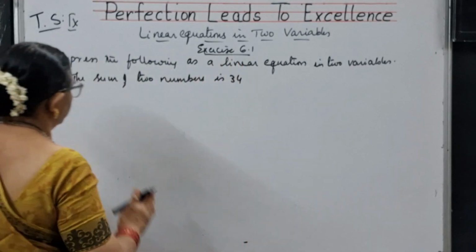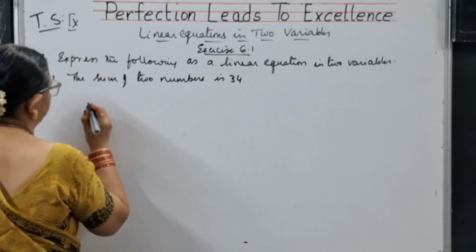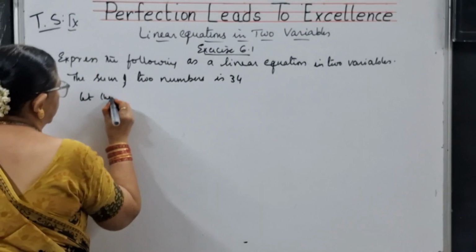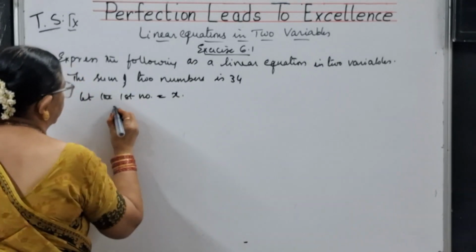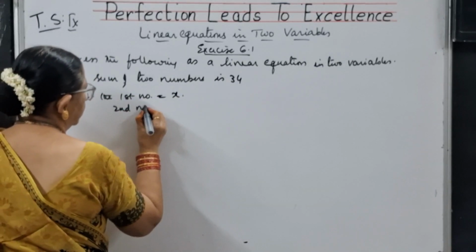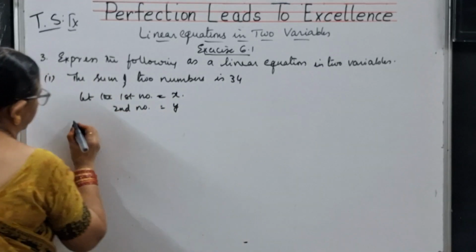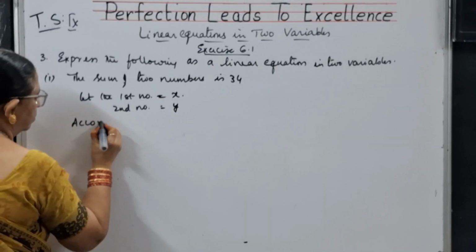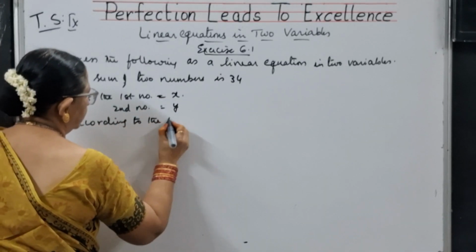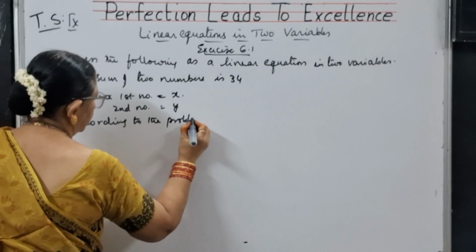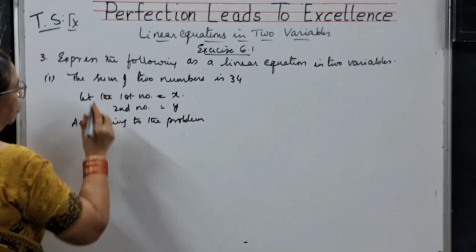So here, two numbers are there. So let the first number be x and the second number be y. Now, according to the problem, what did they say? Sum of two numbers.